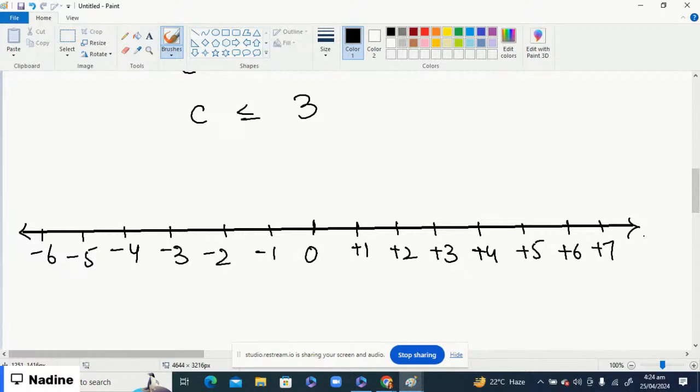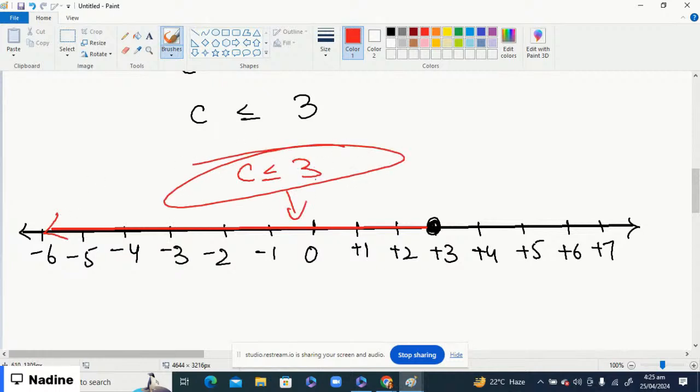Understand? So it's less than or equal to 3. Where is positive 3? Equal and less. So where does less move? On the left side always. If something is less, then it moves to the left side. Understand? This is the thing that we have done.